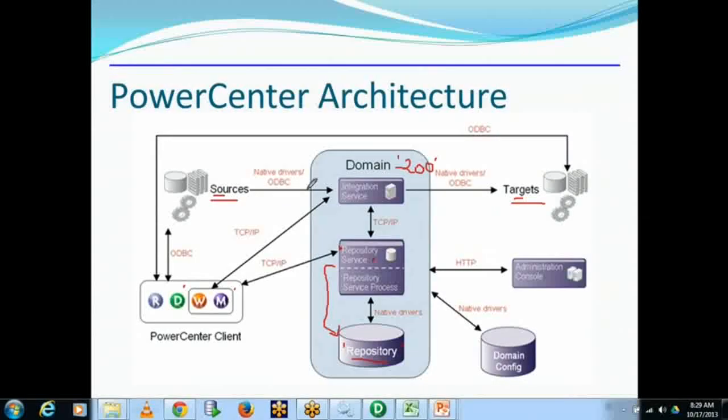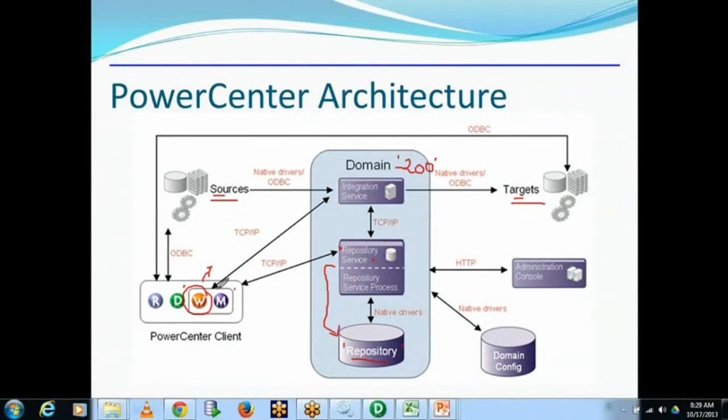Now where does integration service come into picture? Integration service comes into picture when we actually process the data and execute the flow, which is, I created a workflow and I started it. The moment I start it, it gives the command to integration service.